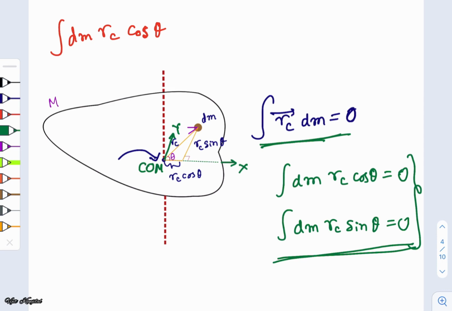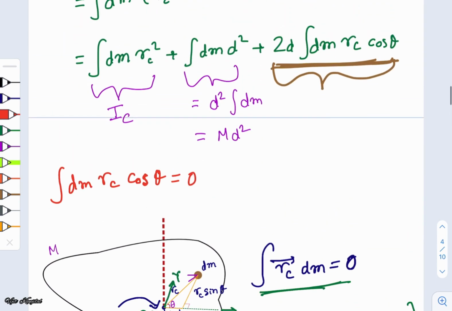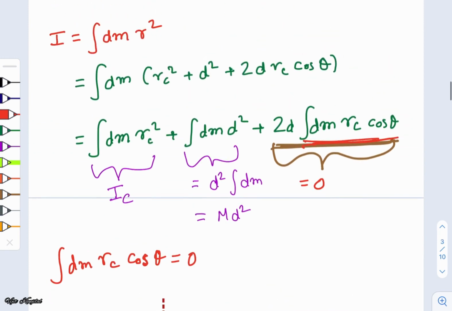So, the integral of dm rc cos theta is equal to 0. So, this term is equal to 0. So, this particular expression would be nothing but 0, as this particular term is 0. So, what do we get?